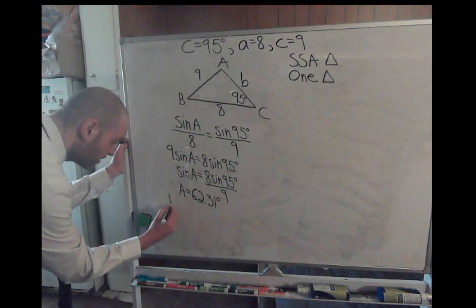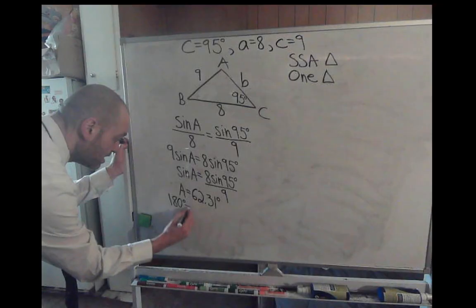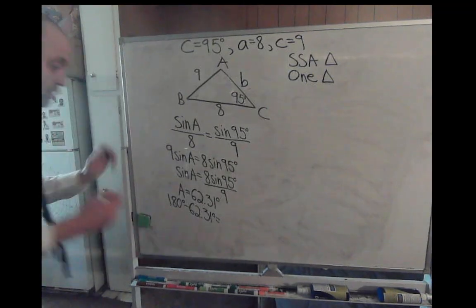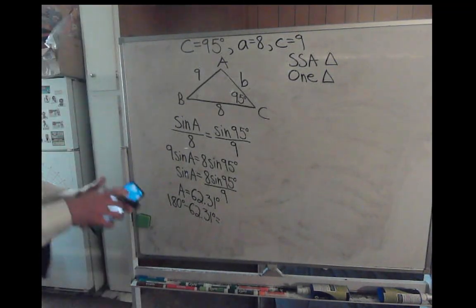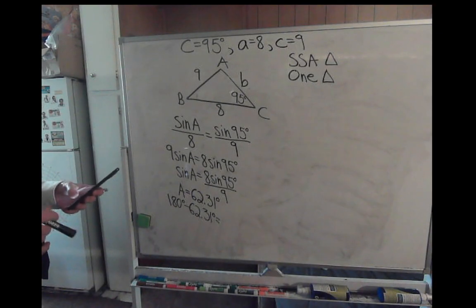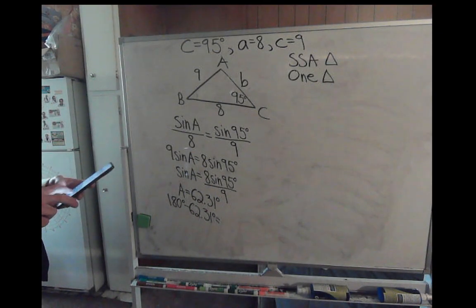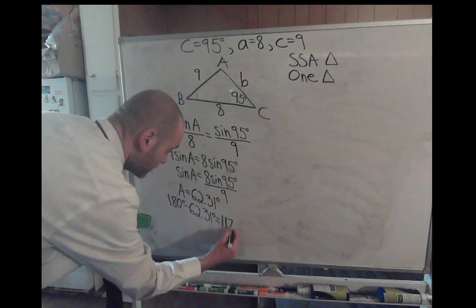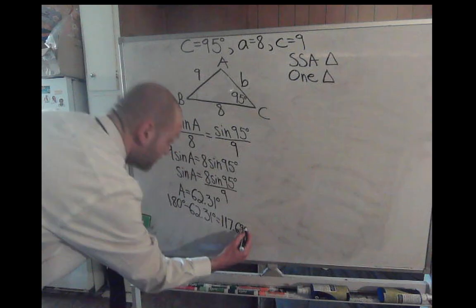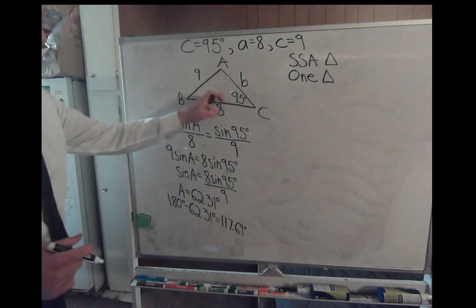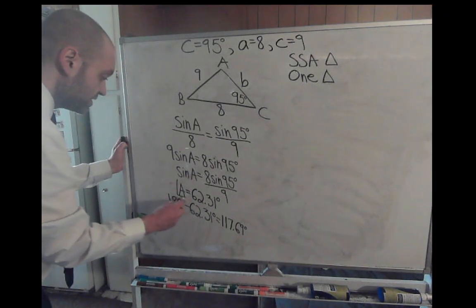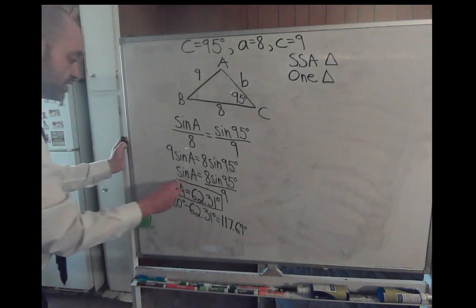So let's take 180 degrees minus that 62.31 degrees, and what are you going to get? You get 117.69 degrees. Well, if you take 117.69 and add 95, you'll be well over 180, right? So this proves there's only one triangle in this case.